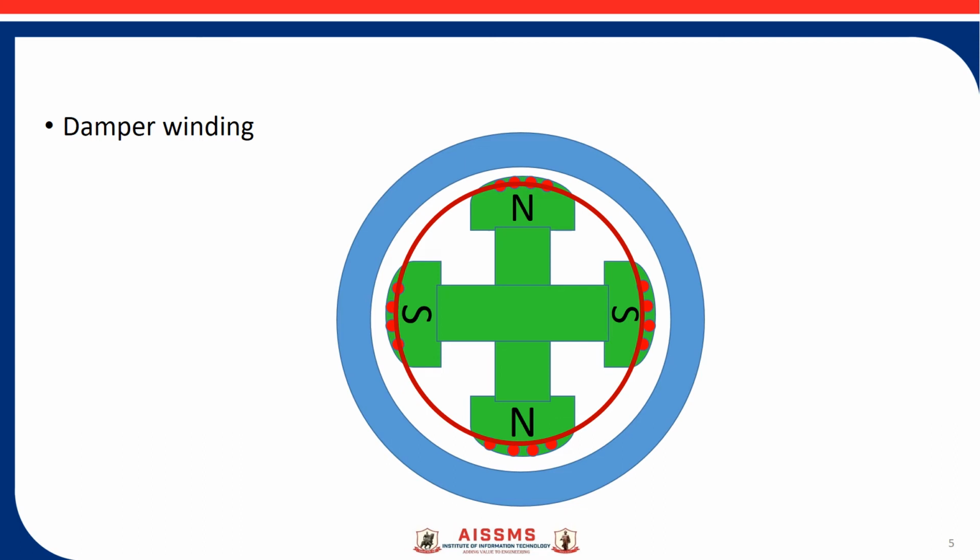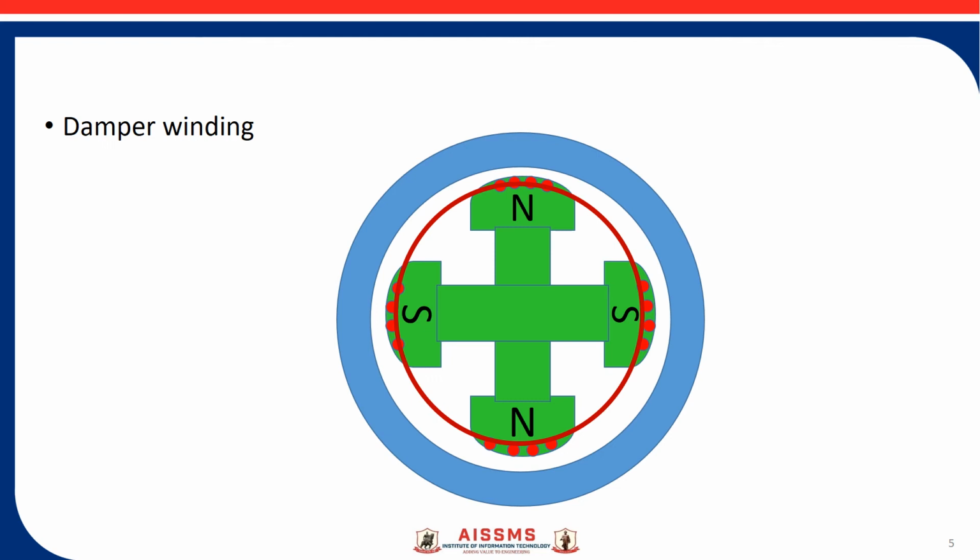Now what happens whenever this hunting takes place, that means oscillations, these conductors which are embedded in the rotor pole shoe, they also oscillate along with the rotor, and when they oscillate they cut the stator rotating magnetic field and EMF is induced inside them.